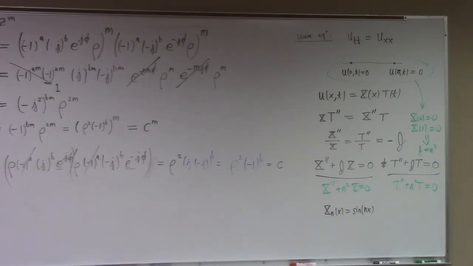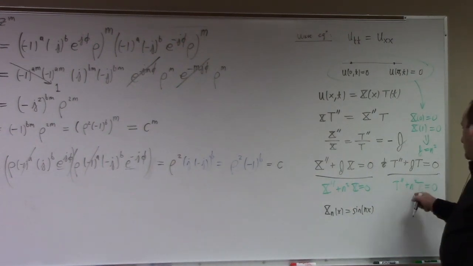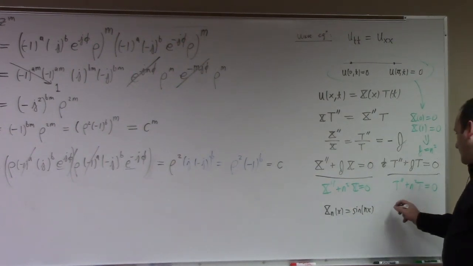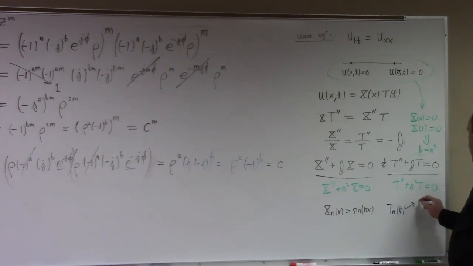Because then when you plug in x equal to pi, you get n pi for any choice of n. And then over here, of course, we get T_n(t). Either you can get a cosine nt or you get a sine nt, right?